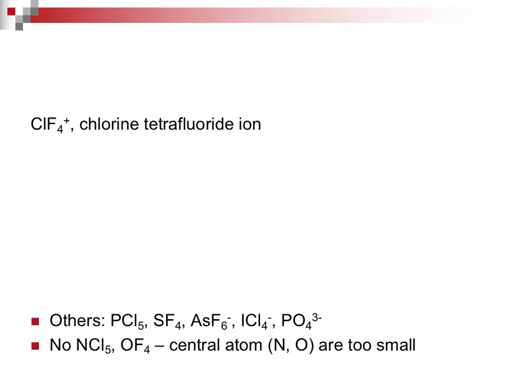Let's do the chlorine tetrafluoride ion. Very, very odd, isn't it? Chlorine has 7. 4 times 7 is my 4 fluorines. Subtract 1 because it is a cation, 34 electrons. So let's see what happens with this ion.